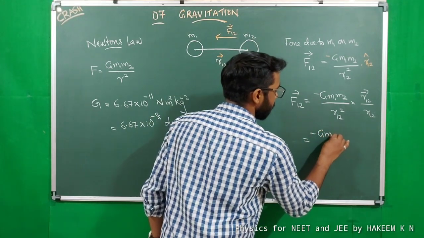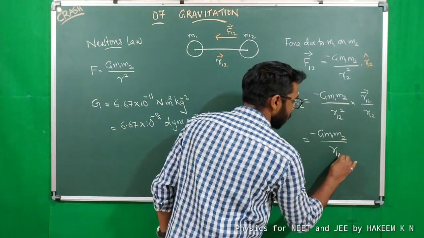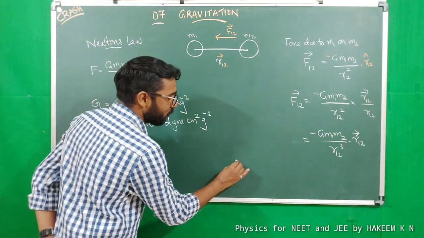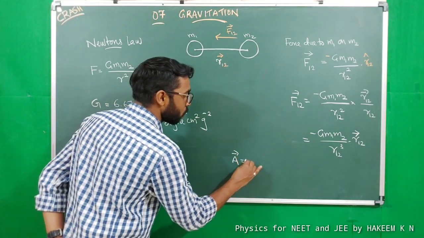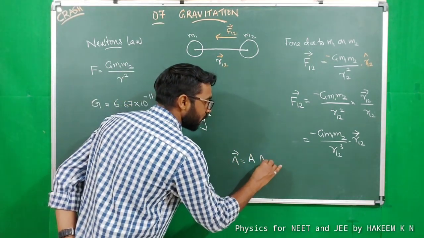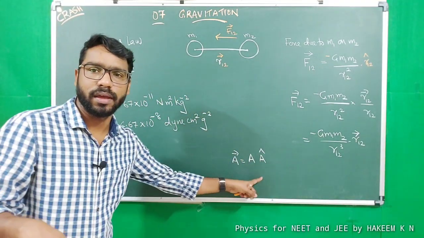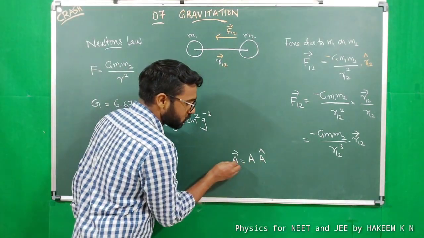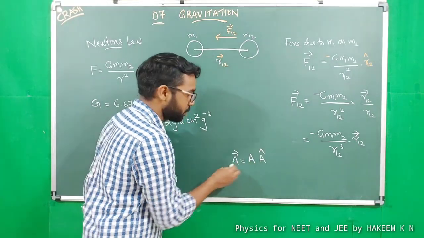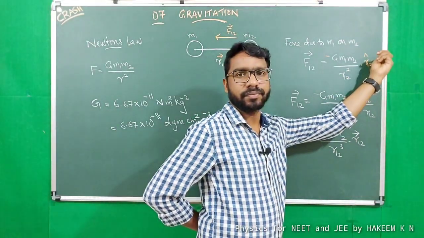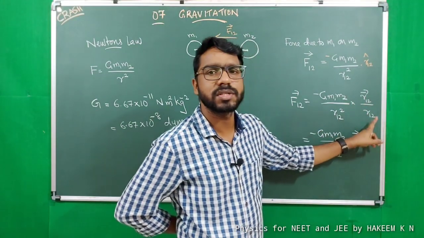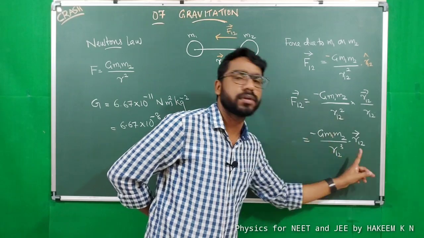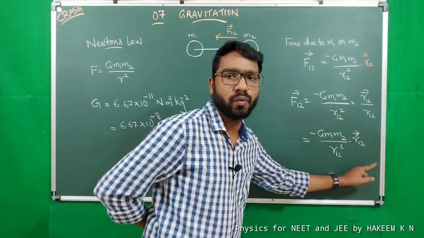So minus G m1 m2 by r12 cube into vector r12, because we know that every vector A can be written as its magnitude and unit vector. So unit vector equal to vector A by magnitude of vector A. So r cap means vector r by its modulus. So you will get G m1 m2 by r12 cube into r12 vector.